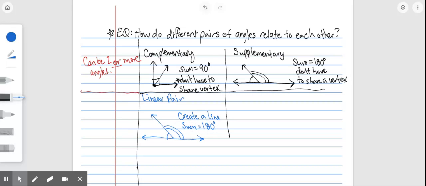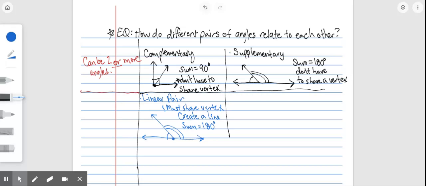Now this one, they do have to share a vertex. They have to share that vertex. I'm going to put an exclamation mark: must share a vertex. So the only difference between a linear pair and a supplementary set of angles is that the linear pair has to share a vertex. So sometimes you'll have supplementary angles that are also linear pairs.